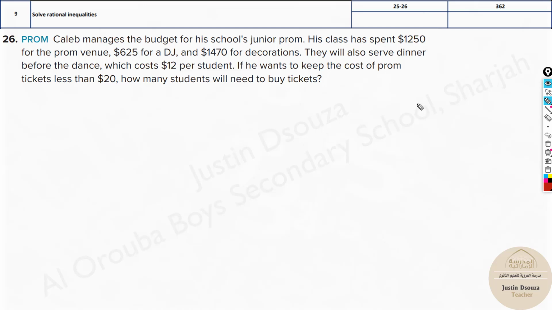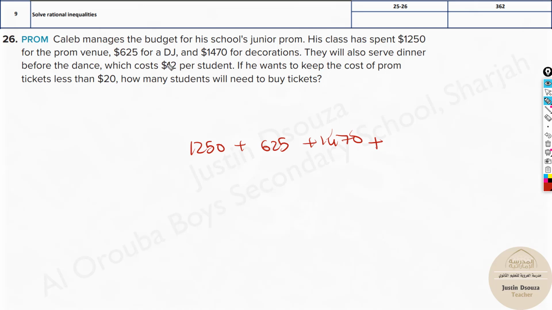Now, before we start solving it, let's see what all the costs are. That is 1250 plus 625 plus 1470. These are mentioned. Now, these won't change per person. It doesn't matter if 10 students attend or 1,000 students attend. This is already done. The location is set, the DJ is paid, the decorations are done. It's a constant.